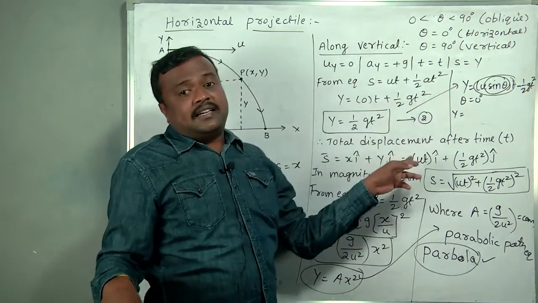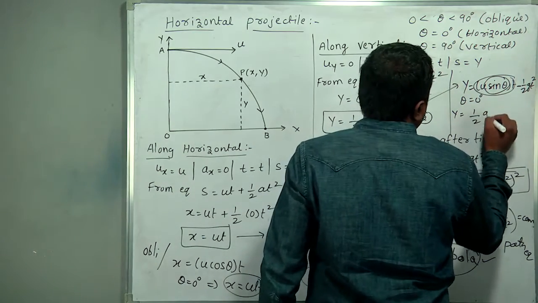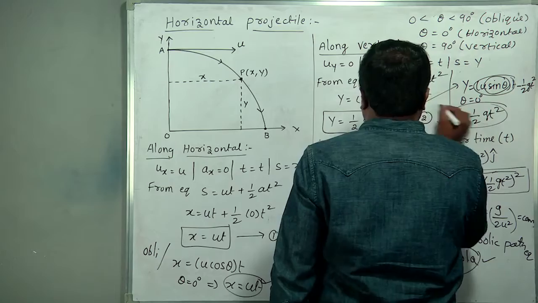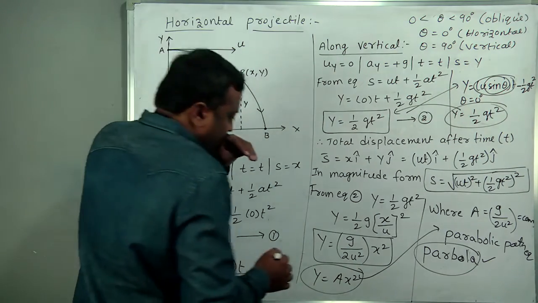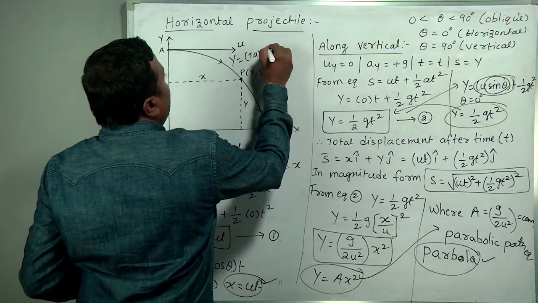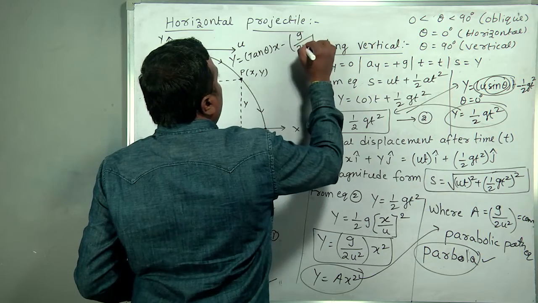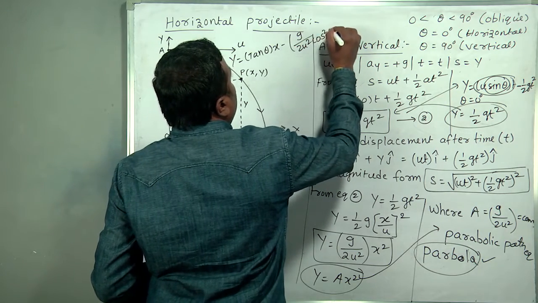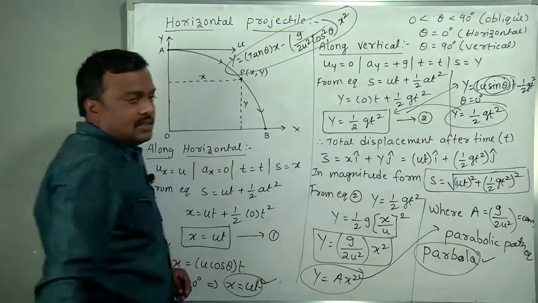But here a is taken as plus g, so it comes as half g t square. See this one? Okay. Final equation also, what is it? y equal to tan theta into x minus g by 2u square cos square theta into x square. This is the final equation for oblique.